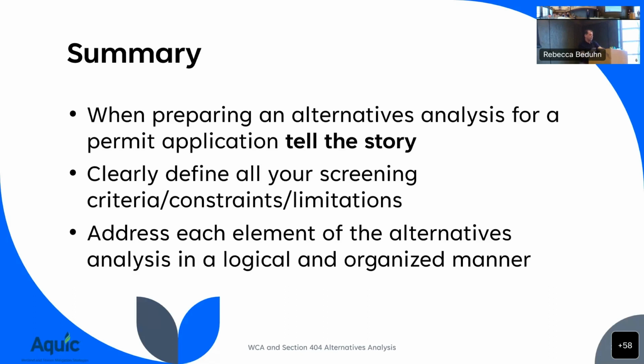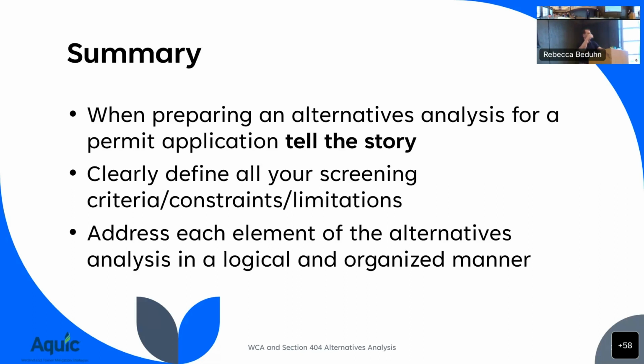And then address each element of the alternatives analysis in a logical and organized manner. There is that Attachment C to the Joint Application form. I always tell people, don't try to ram all your stuff in on the form. If it's clearer for you, create a separate document, put your own headings on there, use Attachment C as a reference for what you need in there, but put your own story together.